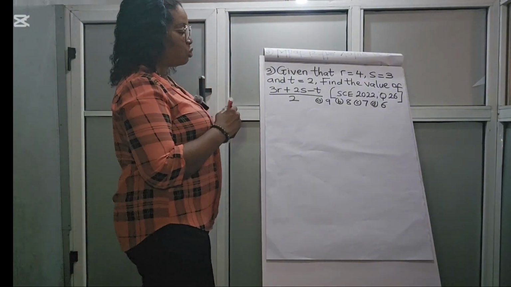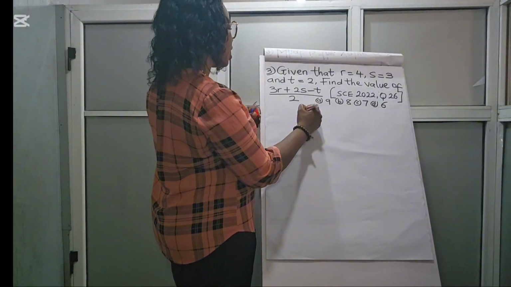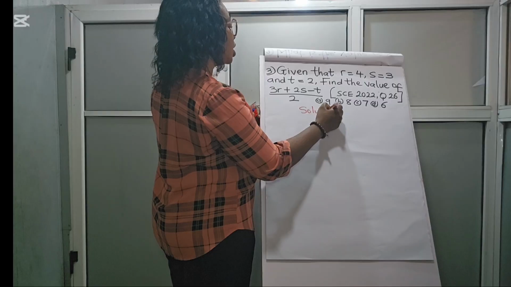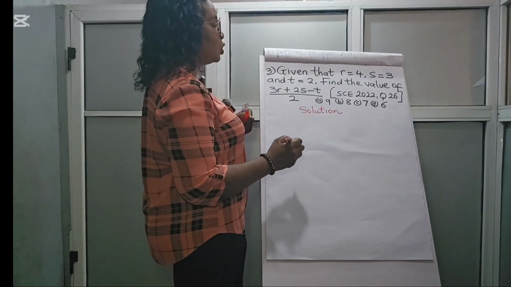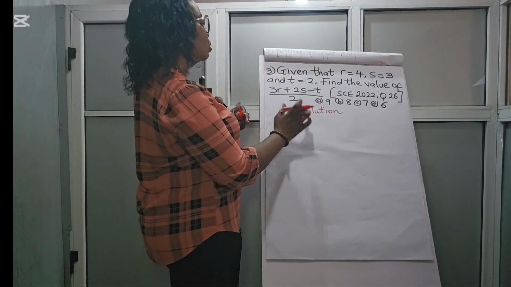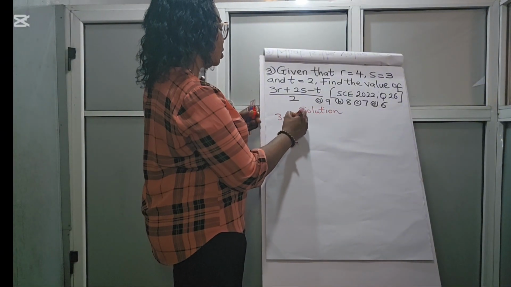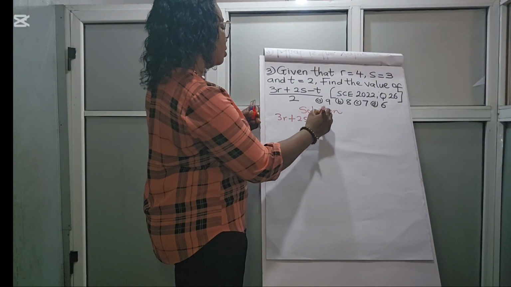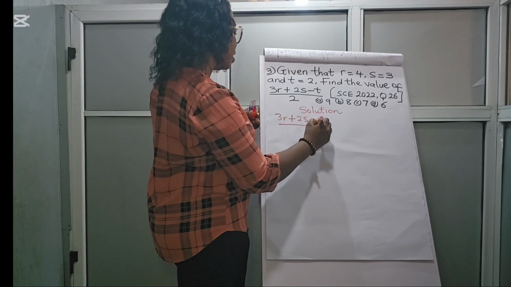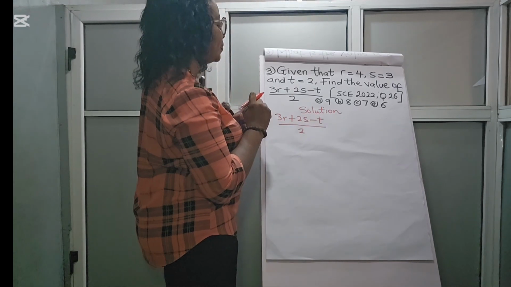This question was drawn from State Common Entrance year 2022, question 26. So solution, we write out the question, 3R plus 2S minus T all divided by 2.